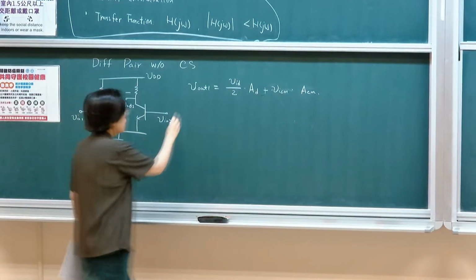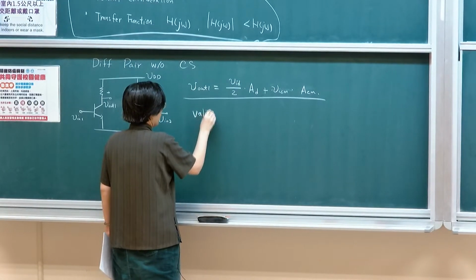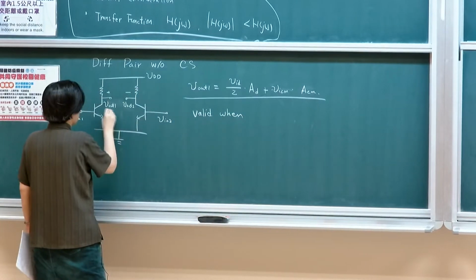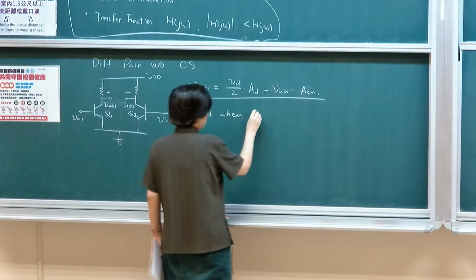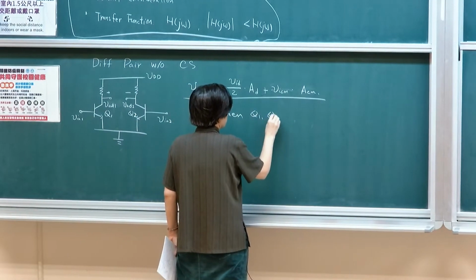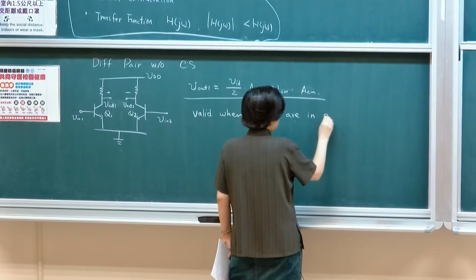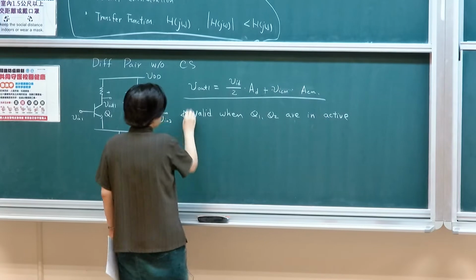This is only valid when your transistors are in the correct operation region. So this is when Q1, Q2 are in active. This is the important assumption.